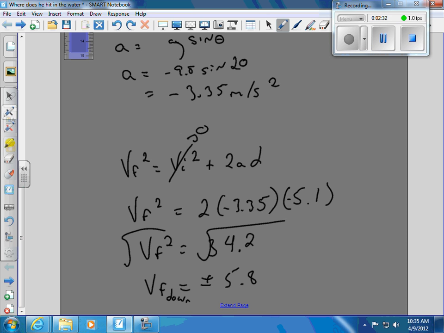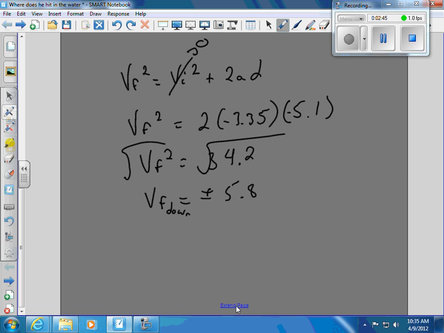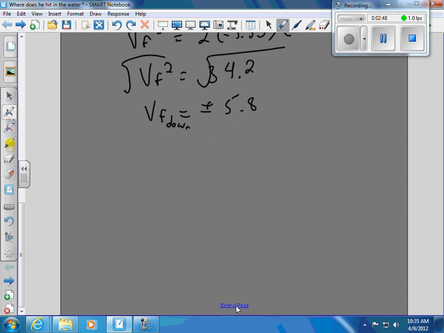Okay. This isn't what you are going to be tested on. This is just to find it. So we're given this usually? You'll be given this. But we just needed this for this particular question. So velocity initial off the ramp is negative velocity final down the ramp.